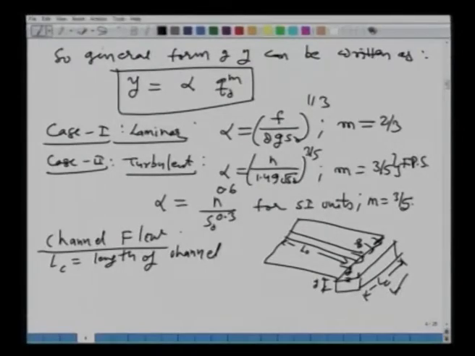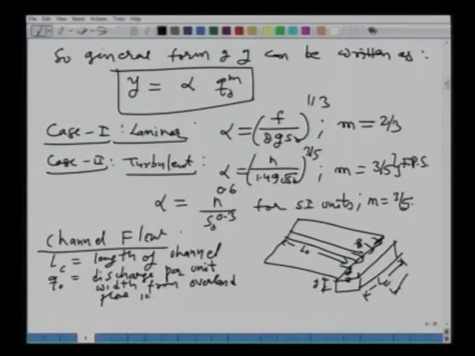This is the length of the channel, and let us say that Q0 is the discharge per unit width from the overland flow into the channel.